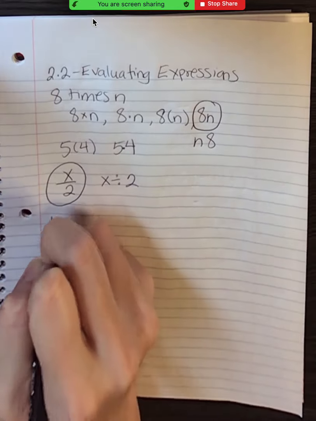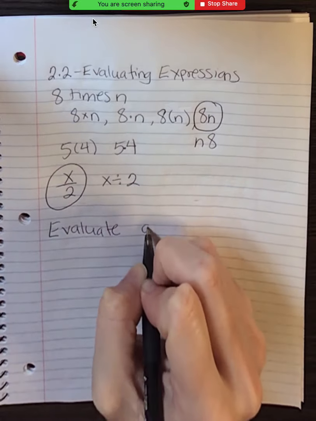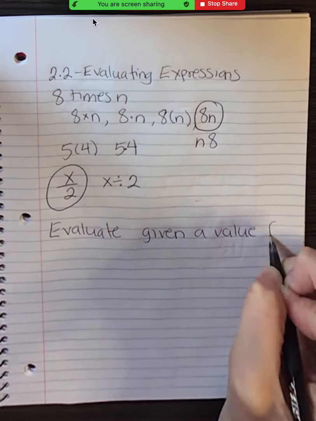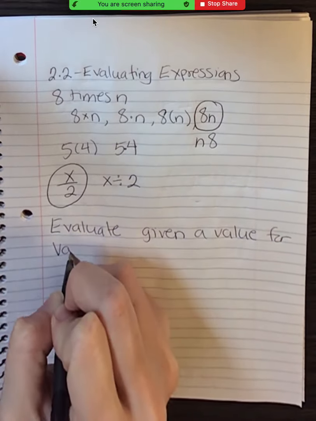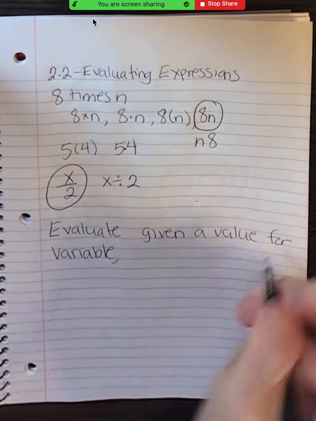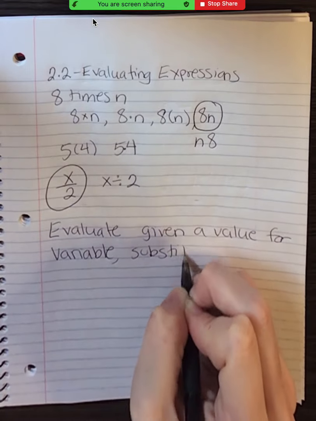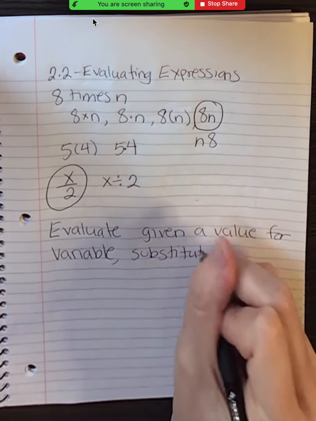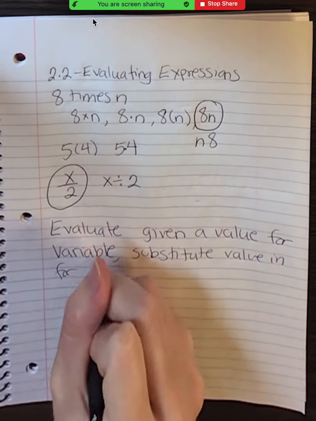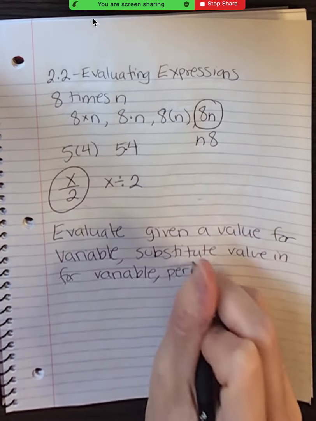To evaluate, what that means is you're given a value for your variable. And what you do is, in your algebraic expression, you substitute that value in for the variable, and then you perform your indicated operations.